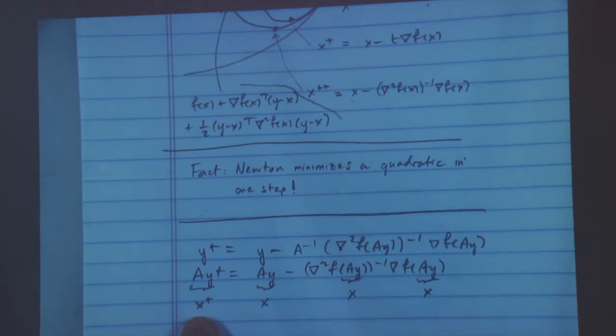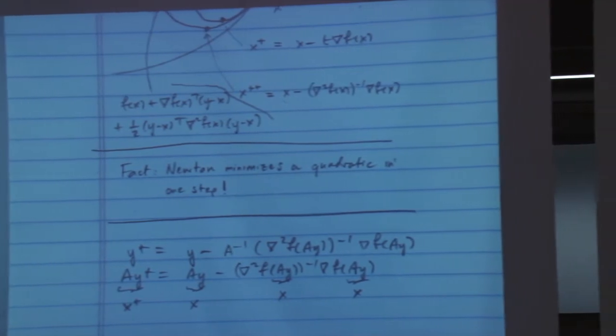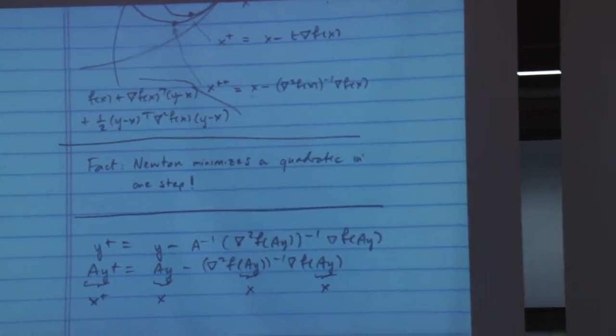So if I were to run Newton on x or on y, where y is equal to A inverse x, or x is equal to Ay, it doesn't matter. I would have gotten the same updates, and the exact same sequence of iterates if I ran Newton's method. So this means that it's independent of linear scaling.